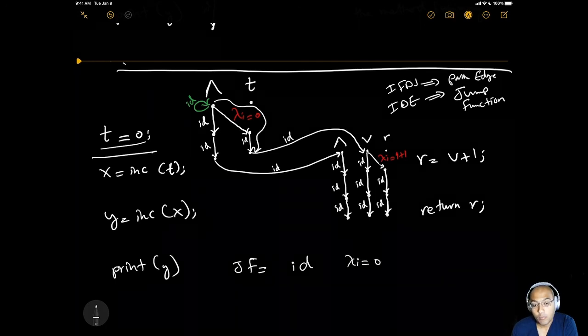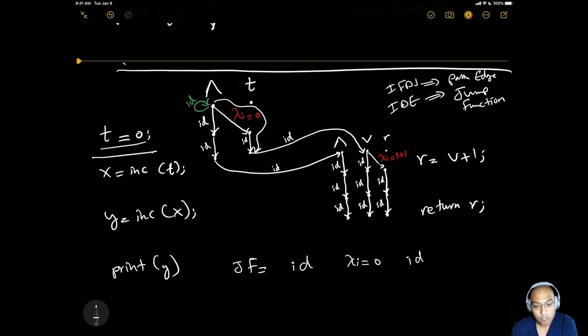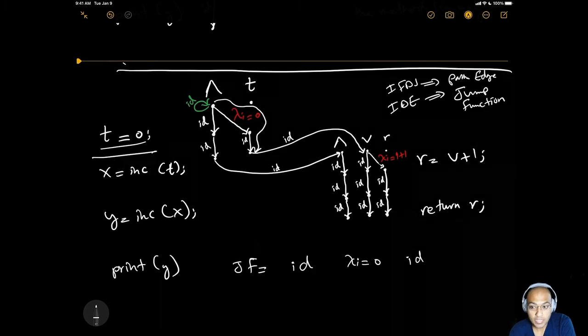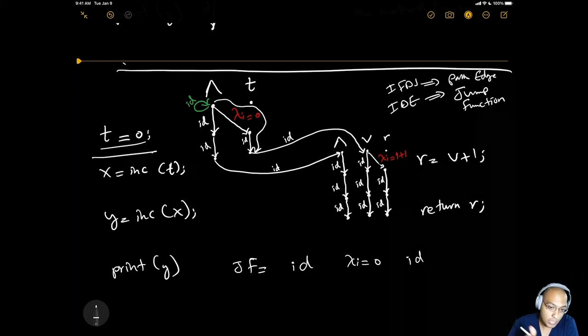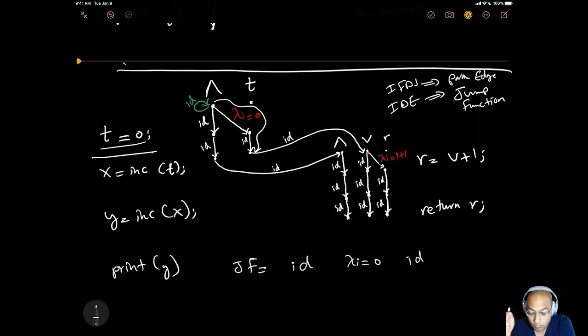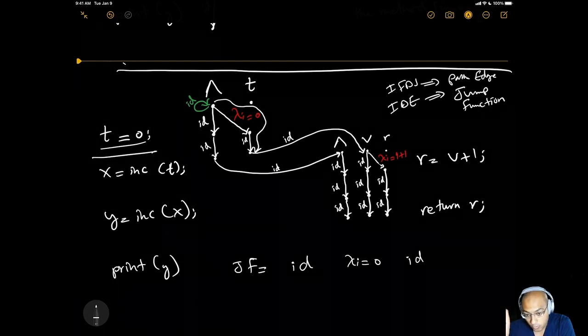Remember from our monotone framework lectures, what is the operator that we use to combine functions along the same path to have a function that represents that path? Yes, it's function composition.